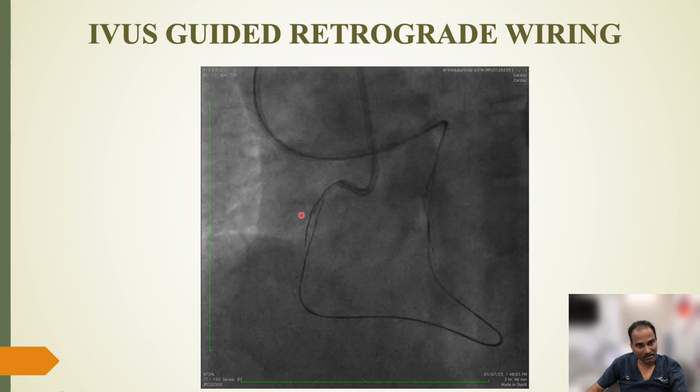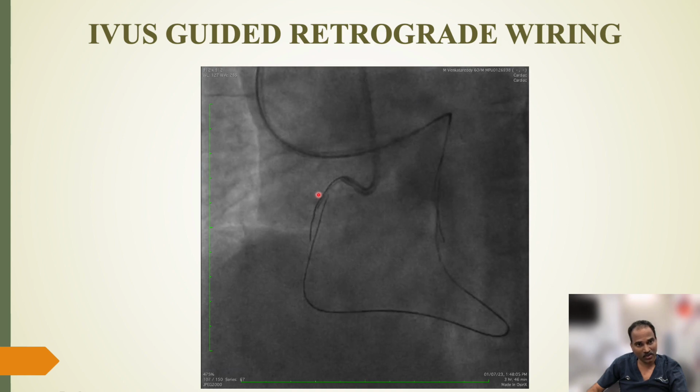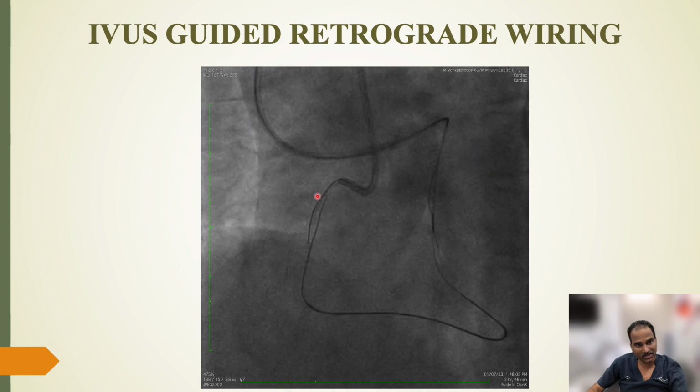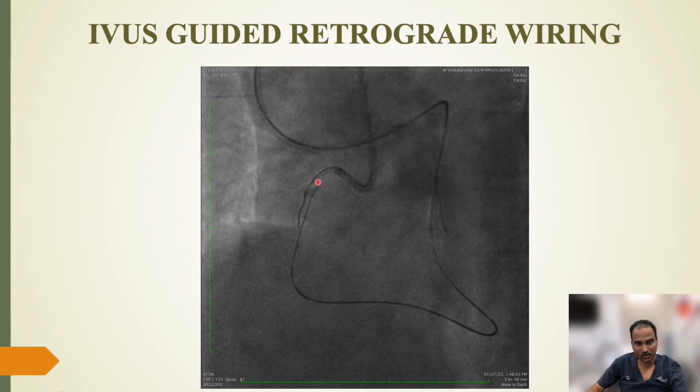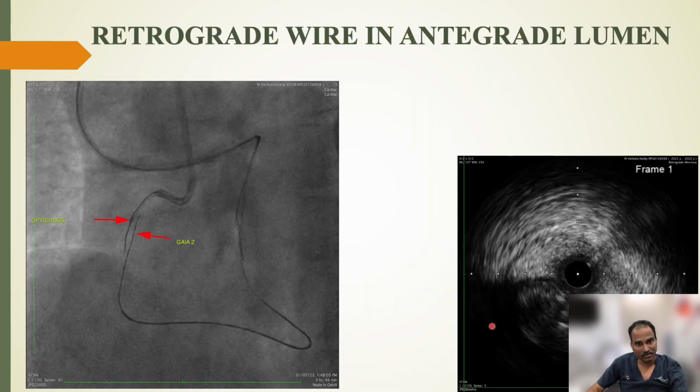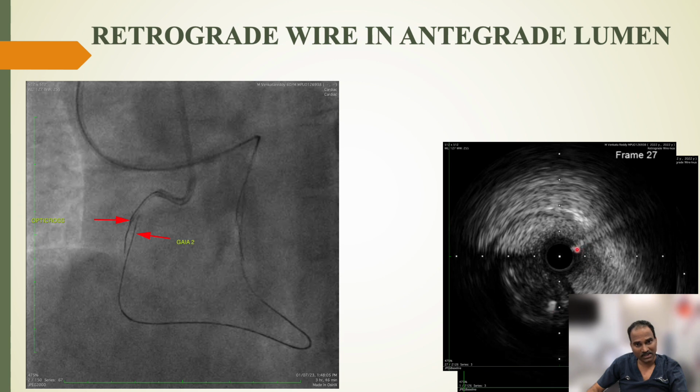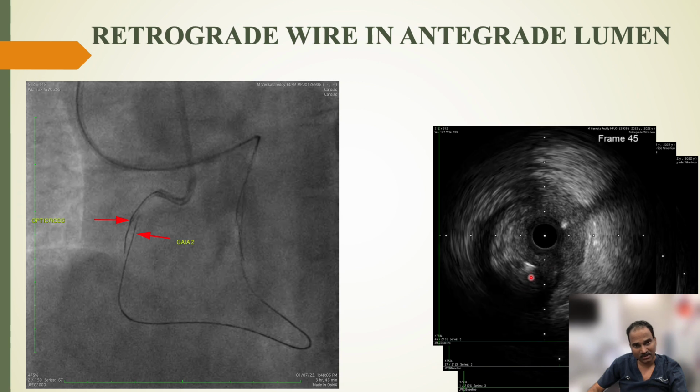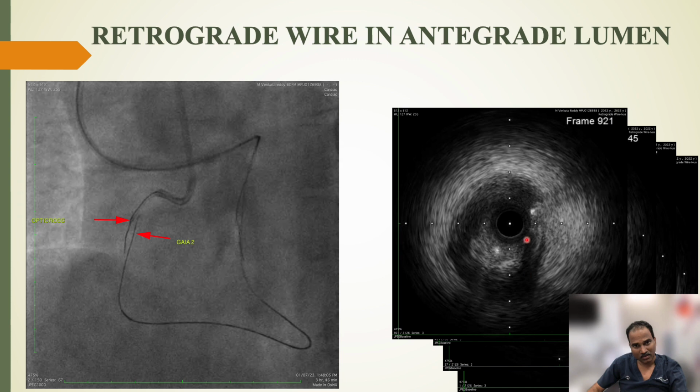Watching the wire location with antegrade IVUS step by step, we advanced the retrograde wire proximally, and you can see here now. This is the antegrade wire, and this is the retrograde wire in the true lumen, which is compressed. Still it is in the true lumen, and now it came to the same lumen.